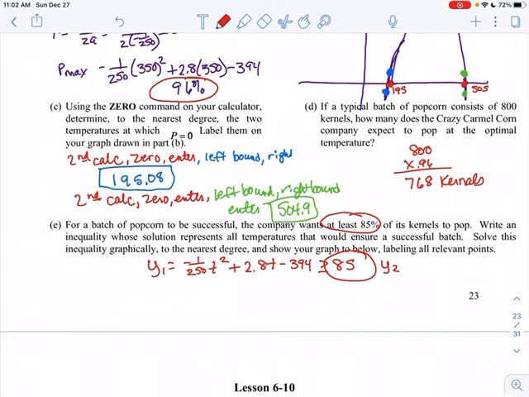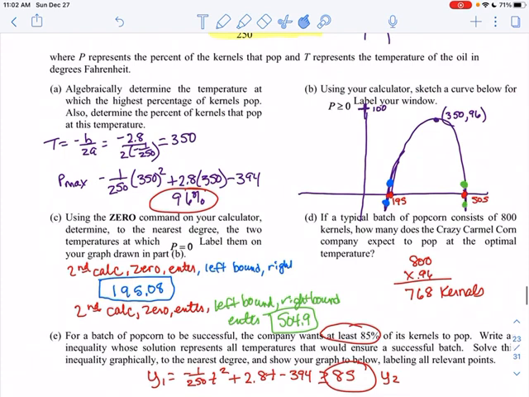So now I have two lines. I have my parabola, and I have this line right here, which is at 85%. This is where, right there, y is equal to 85.